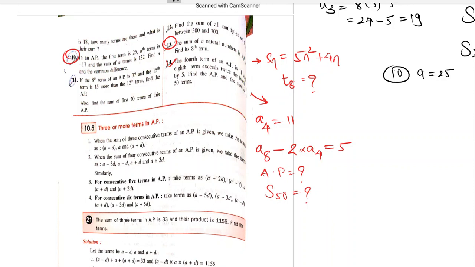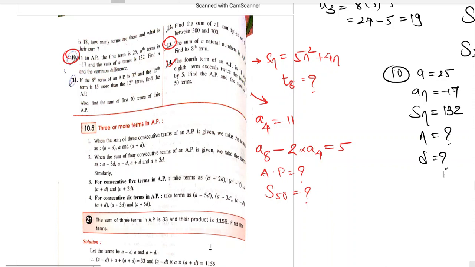In an AP, the first term is 25. nth term is minus 17. nth term is equal to minus 17, okay? And sum of n terms is 132. Sum of n terms is equal to 132. Find n and the common difference. Very similar to what we did right now.